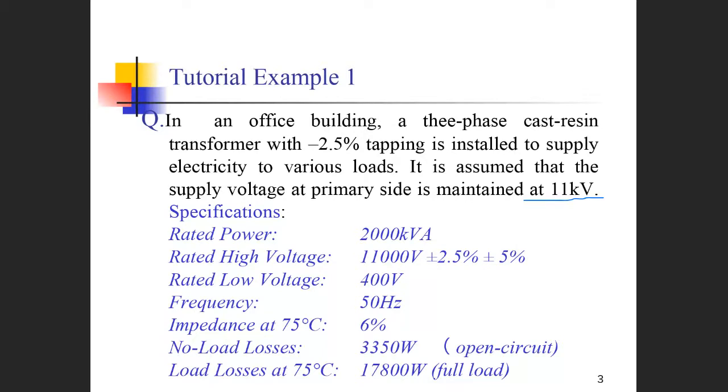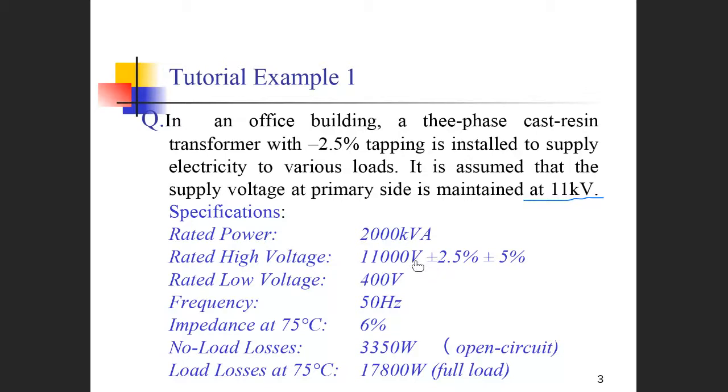Now, the specifications of the transformer. The rated total power is 2000 kVA, the total apparent rated power of the 3-phase transformer. The rated high voltage side is 11 kV. But here it already says that this transformer has minus 2.5 tapping.